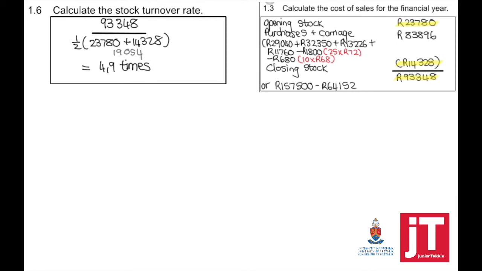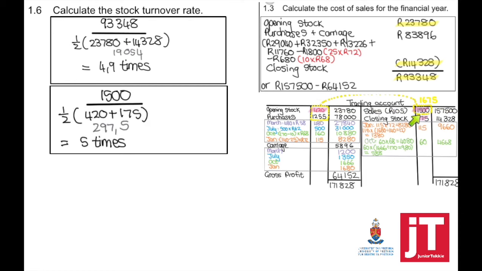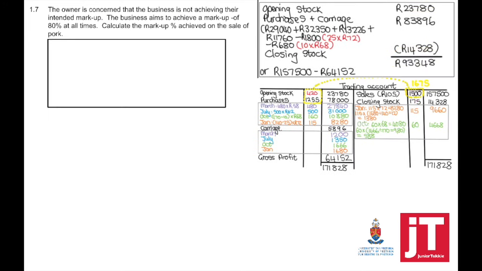This equals 4.9 times. An alternative, if you take the total number of units divided by beginning plus end divided by 2, that means 1,500 divided by 297.5, that equals 5 times.